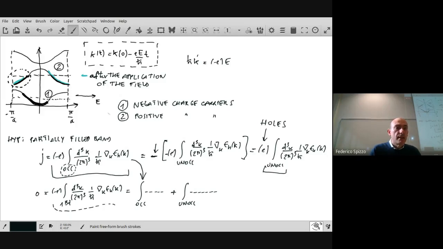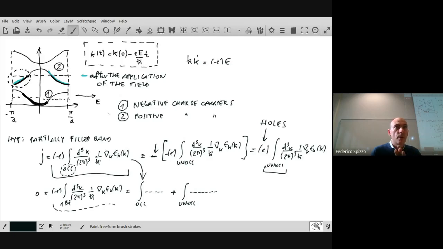But if you notice in this diagram, if you focus on the levels that are occupied by the electrons, then you have a shift of those levels to the left. But if you consider the unoccupied levels, they also shift to the left. So please consider this equation of motion not as an equation of motion of the electron, but as an equation of motion of the level. The level follows that equation irrespective of whether the level is occupied or unoccupied.